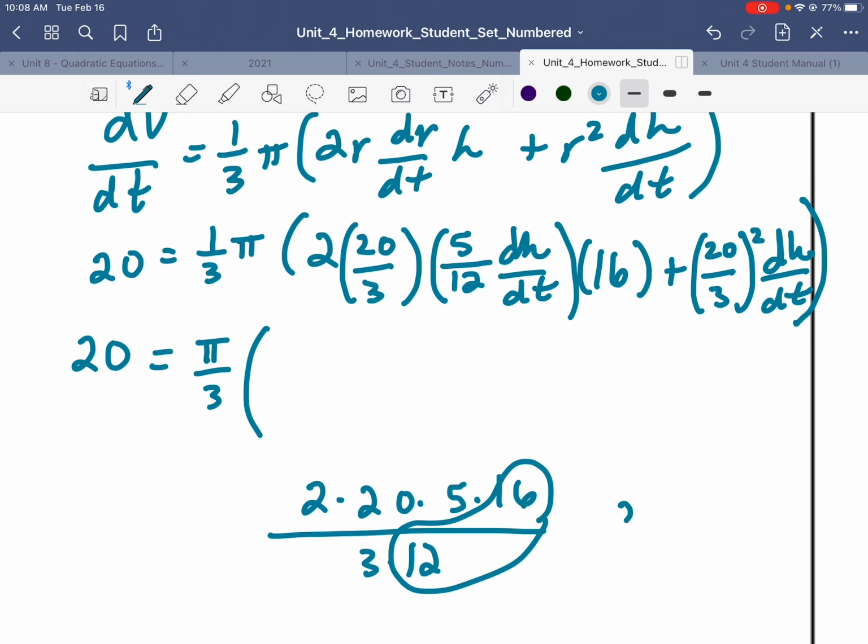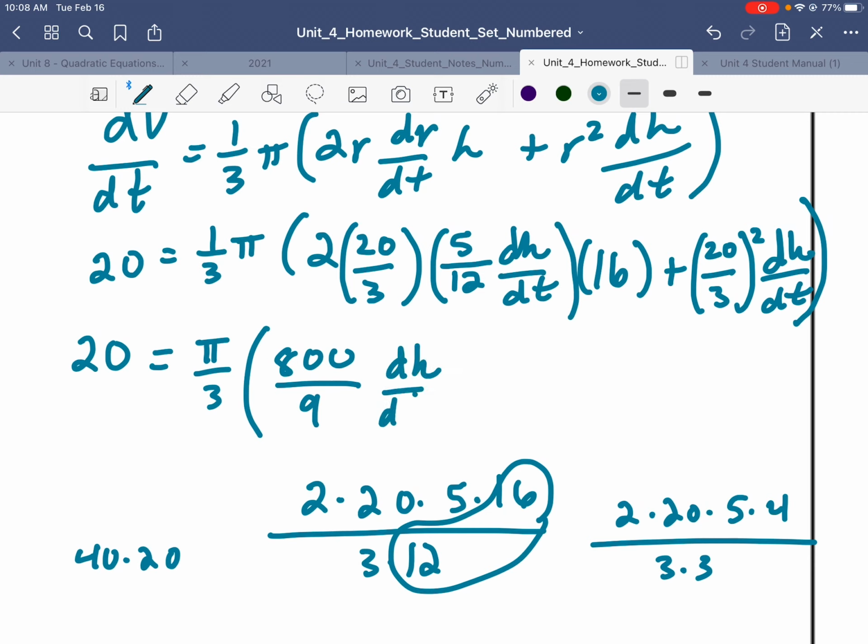So we'll get 2 times 20 times 5 times, so divide by 4 is 4. 3 times divide by 4 is 3. So I think that's all we can simplify. So now we have 2 times 20, that's 40, so 40 times 20. I got the 20 from 5 times 4, so that's 800 over 9.